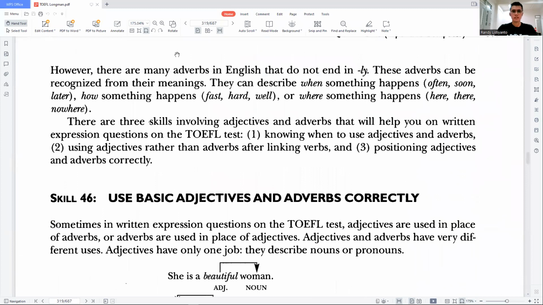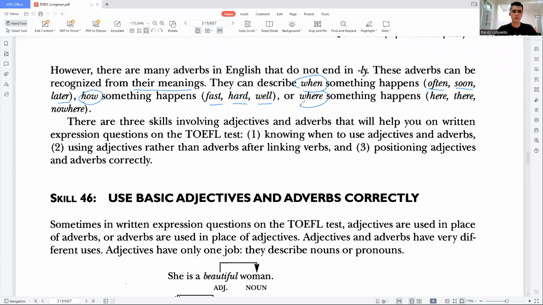So how do we recognize adverbs then? There are three things that you can use. These adverbs can be recognized from their meanings. They can describe when something happens, like often, soon, later. How something happens, like fast, hard, and well.